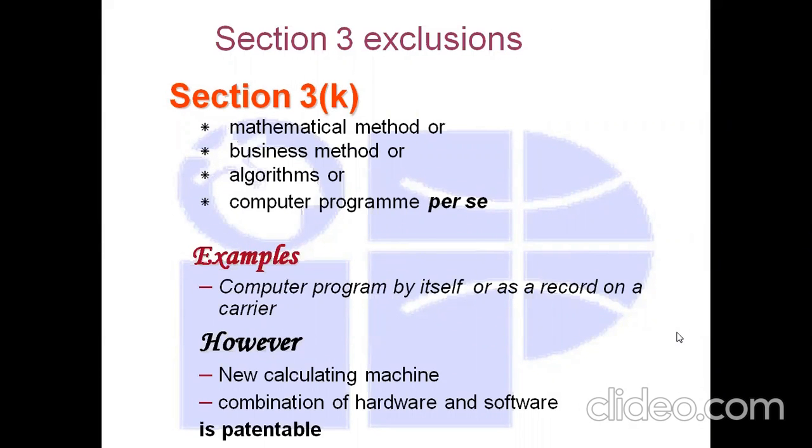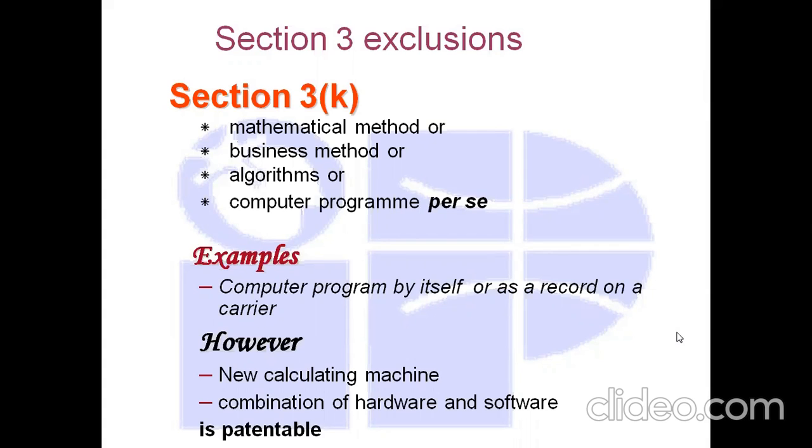Mathematical methods, business methods, algorithms and computer programs per se are not patentable, but a combination of hardware and software is patentable. A new calculating machine is patentable. But for a computer program, any code or new coding process, you can define a result, a new code. Then you can apply for copyright, not for a patent.